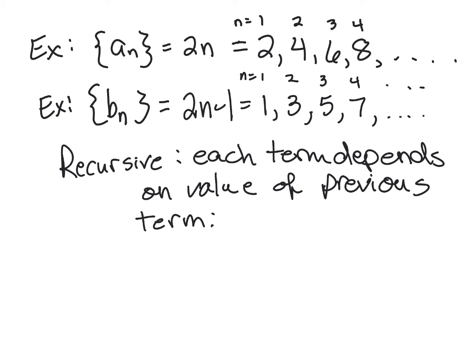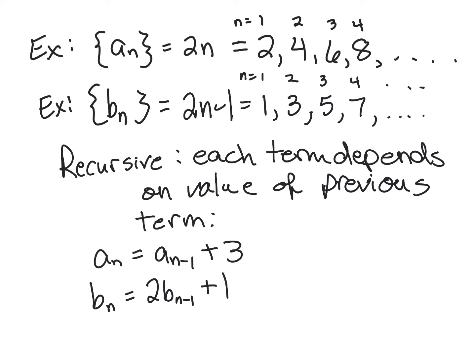In other words, a sub n may be a sub n minus 1 plus 3, or b sub n is 2 times b sub n minus 1 plus 1, something like that. So each time you would also define the first term.